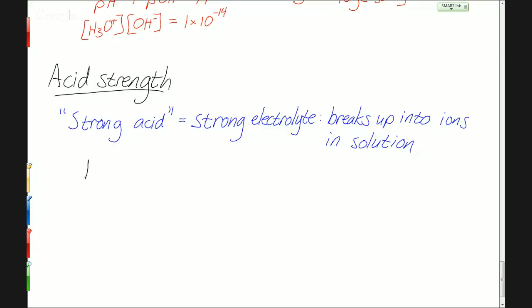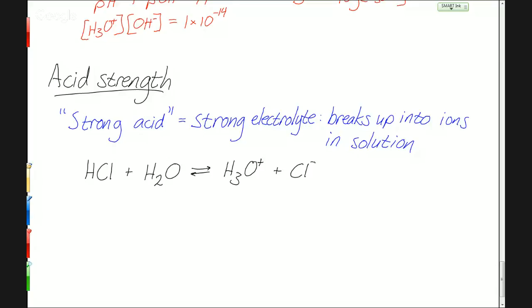So HCl, when it reacts with H2O, we usually make these kind of double arrows talking about how acid-base reactions go back and forth. So the HCl goes in the acid and it breaks up into ions.